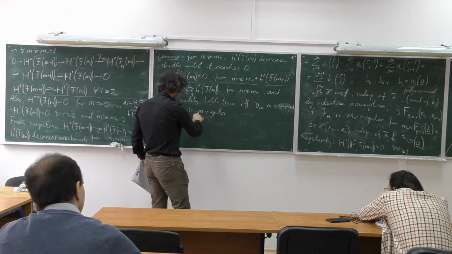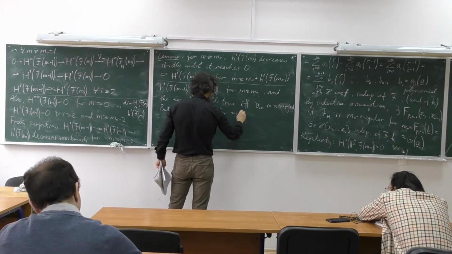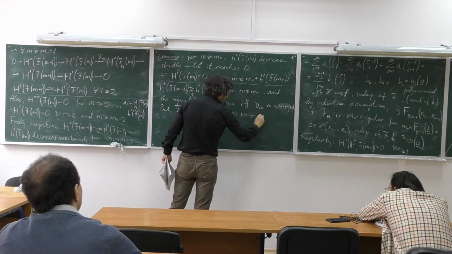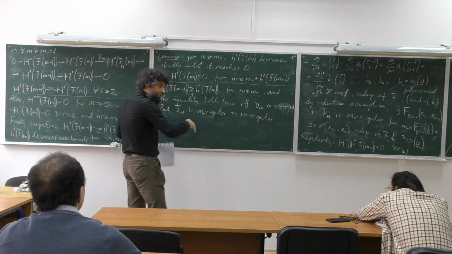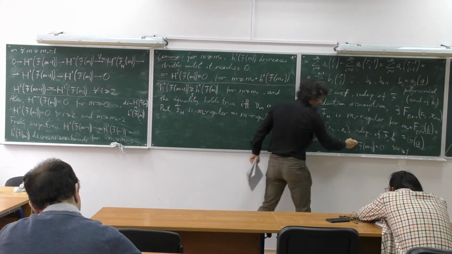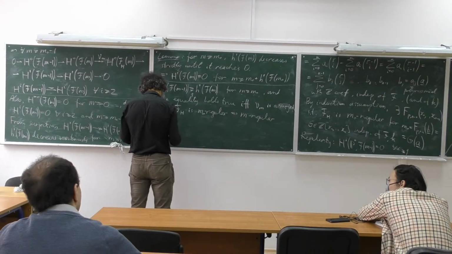Well, it is M0 regular, but M is bigger than M0, and hence it's M regular. And it's again in your home assignment. So if some sheaf is regular for M, then it will be regular automatically for all the bigger things.